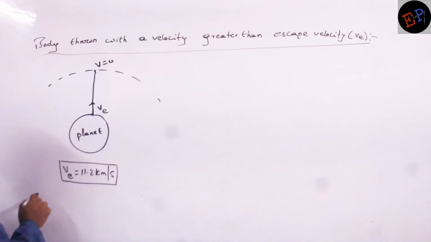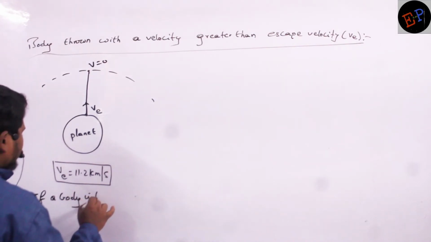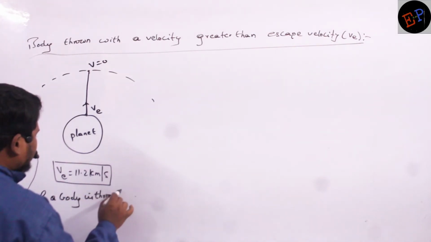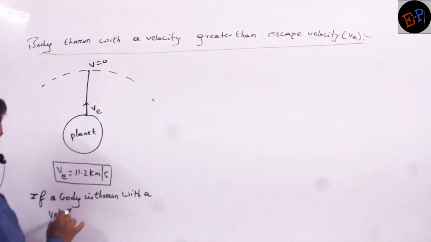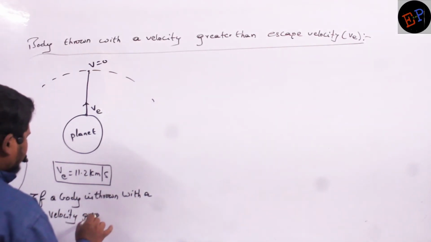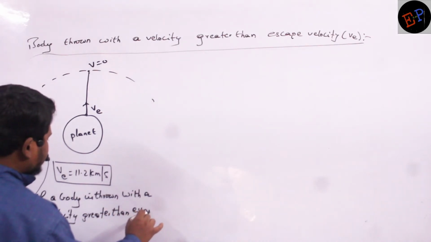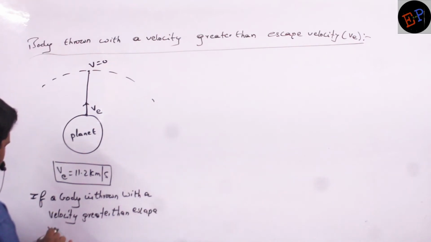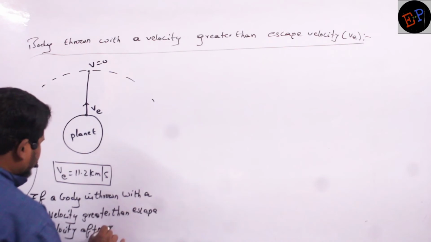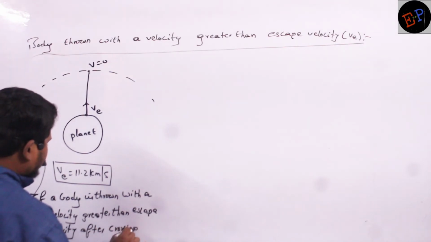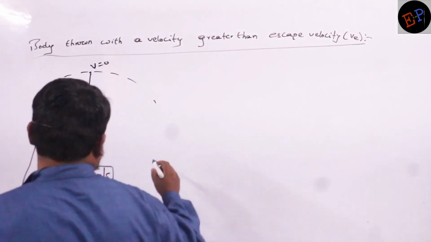What we'll write here: if a body is thrown with a velocity greater than escape velocity, then after crossing the gravitational field, the body will have some velocity.